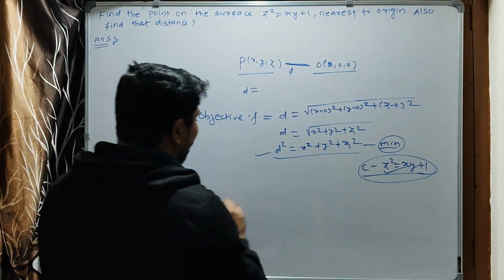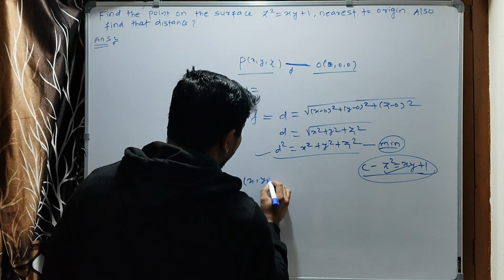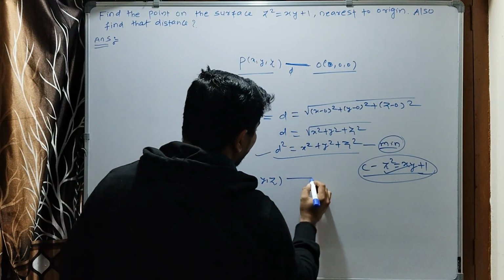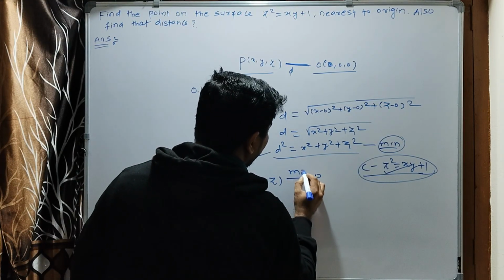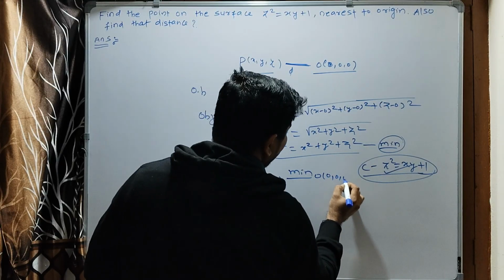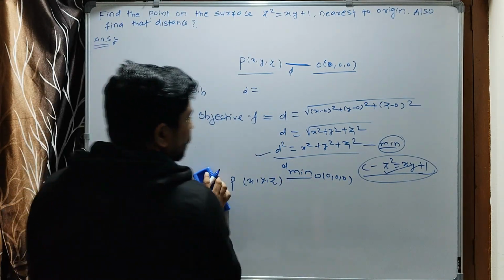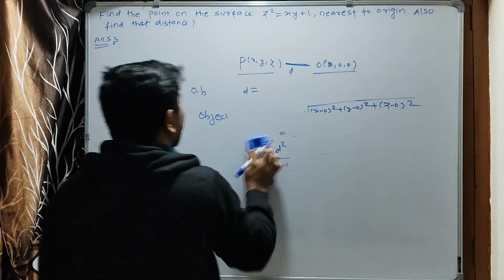Now I want to find the coordinates x, y, z such that the distance between the point P and the origin is minimum. This is my objective function. I want to find d minimum. How to find it is the following.